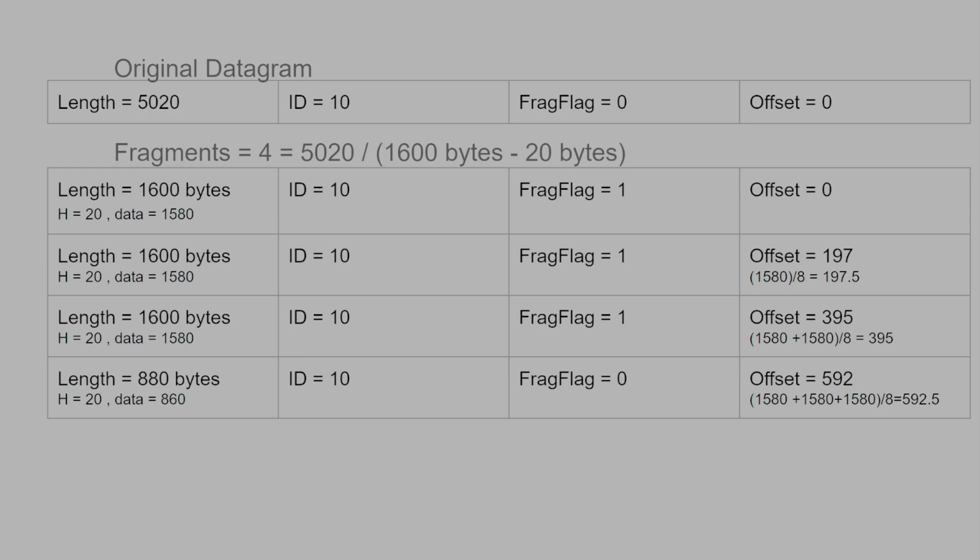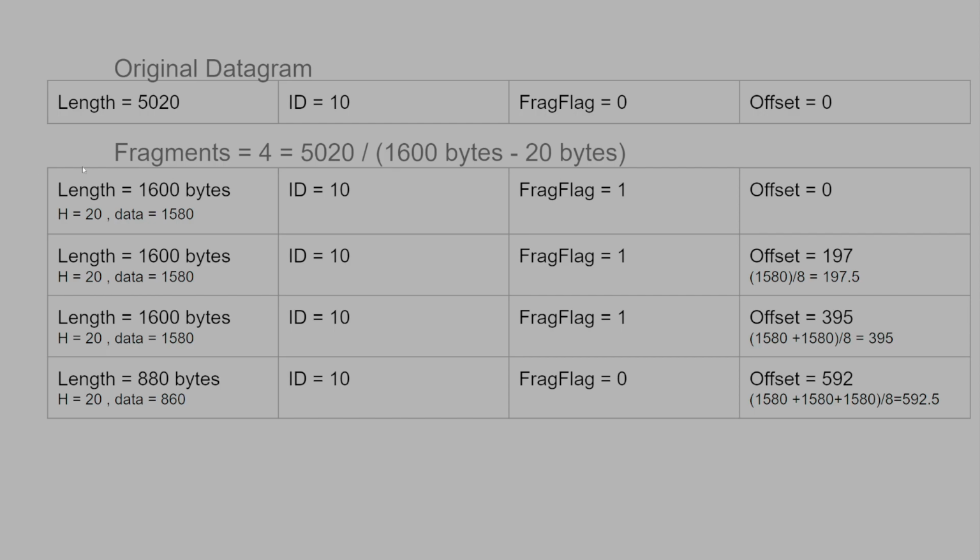So we know that the payload of the original datagram is 5020 bytes. Since the datagram is not fragmented, the fragmentation flag is 0 and there's no offset. So the first step for fragmentation is to find the number of fragments that we need to send all of the data.